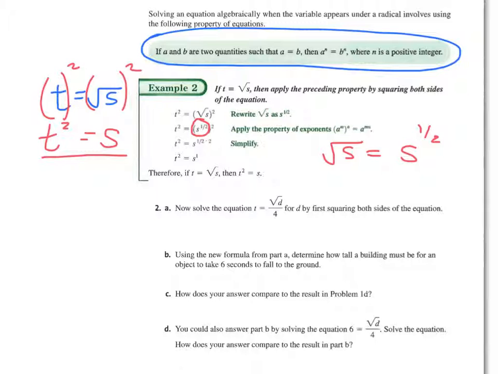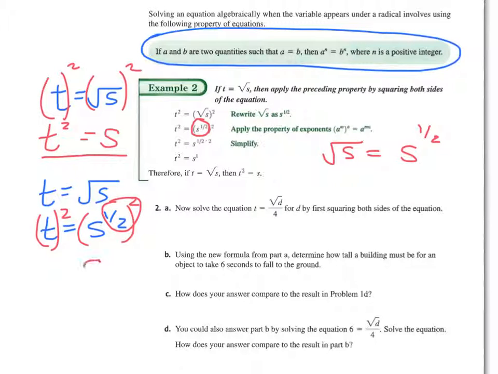Let me rewrite this for a second. Let's say I was back at the beginning here, and I wrote this as s to the 1/2. Then when I square both sides, you can see why a square root and a square undo each other, because I multiply these exponents and I get plain old s.